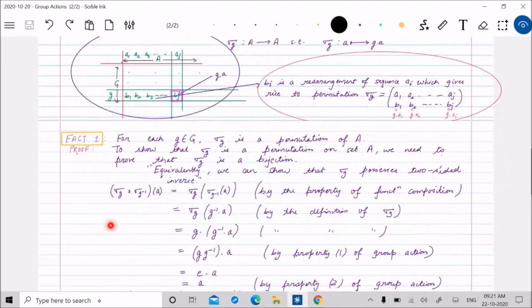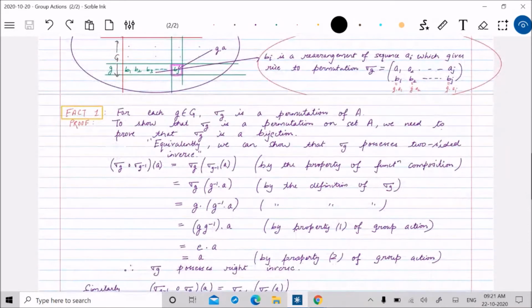The first board goes like this. You start with sigma_g ∘ sigma_(g^-1)(a), and ∘ is the operation. Please note that this ∘ indicates permutation composition. You know that between two permutations, we generally use this symbol, the small letter o. Right?